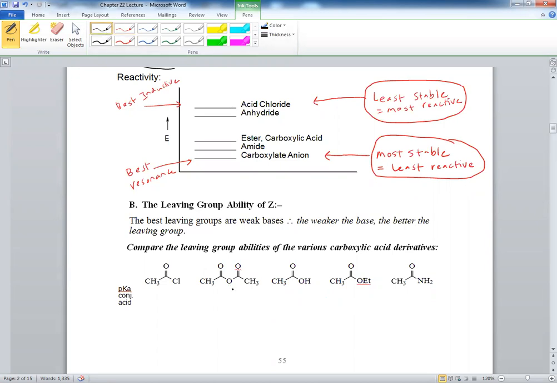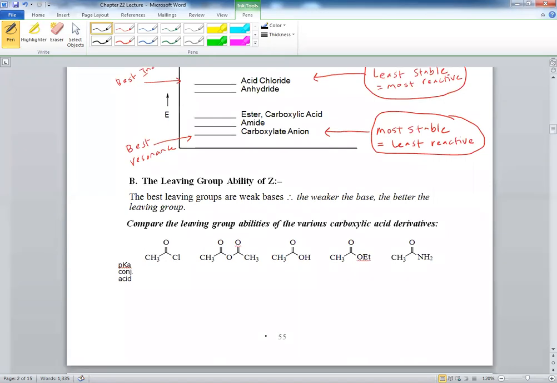So let's talk about the pKa. The pKa of an acid chloride is -7. The pKa of the anhydride is around 5. Carboxylic acid is around 15. The ester is also around 15. And the amide is around 35.